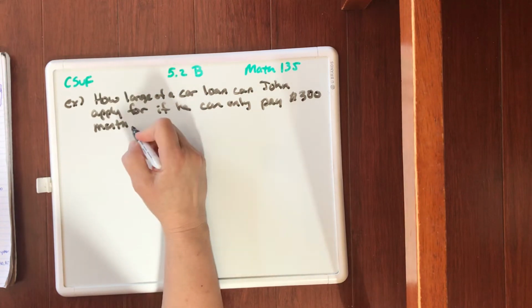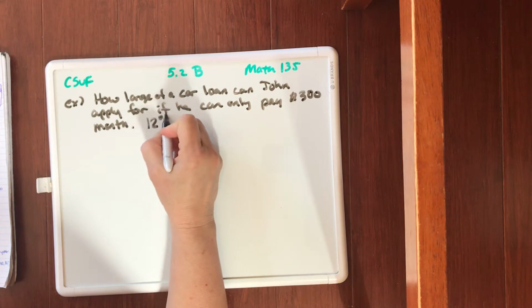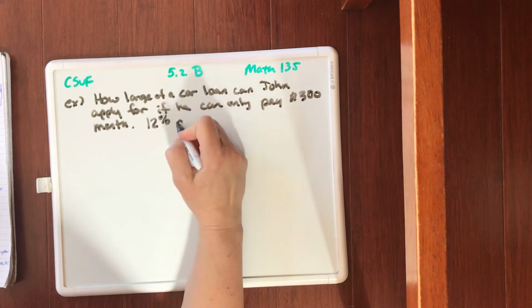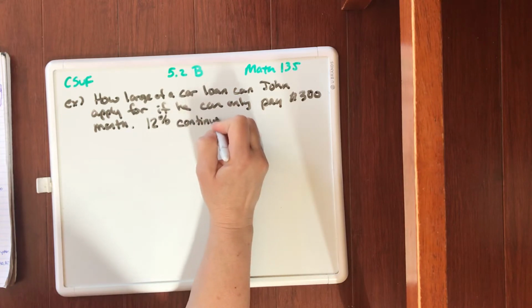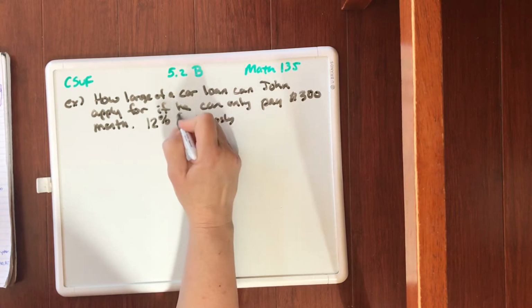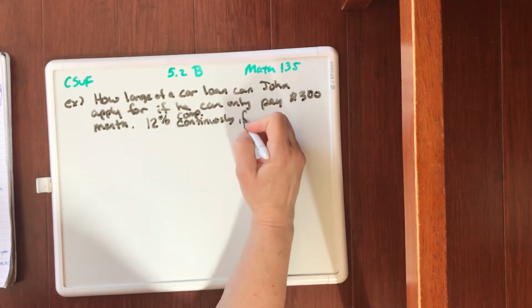In this car loan, the rate's going to be 12%, which is too much, compounded continuously for 5 years.